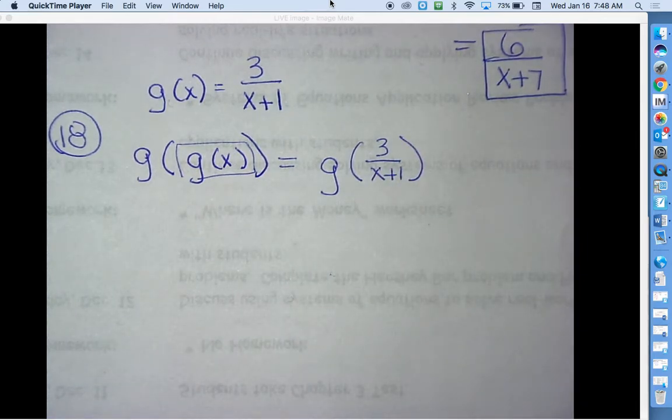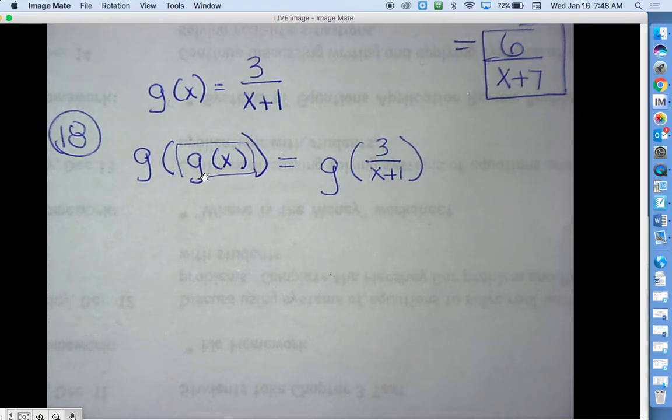So instead of g of x, the equation is 3 over x plus 1. Now what do you do with it? Because there's still a g outside, and inside we have this 3 over x plus 1. So what do we do next? Or what would it look like? How would you plug it in?